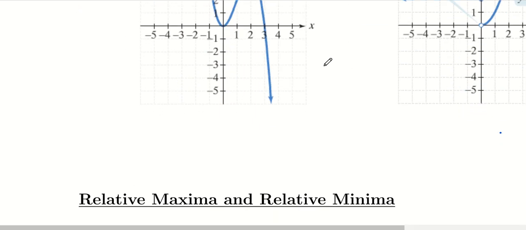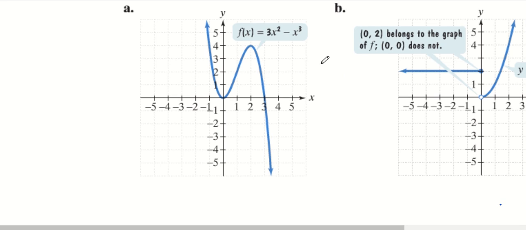For example, in the graph of A, let's start out. So if I go all the way to the left, now this graph goes all the way towards negative infinity because that arrow is moving up and to the left.